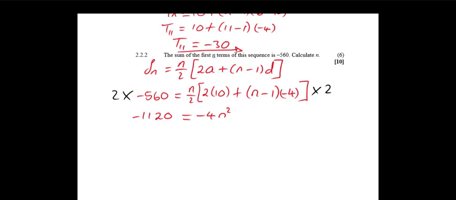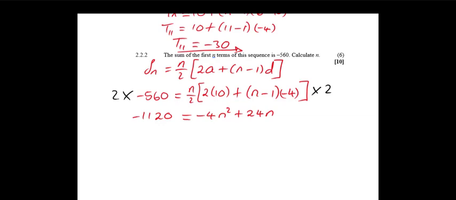Positive 4 plus 20 gives 24, times n gives plus 24n.